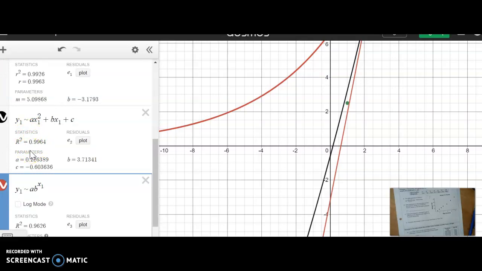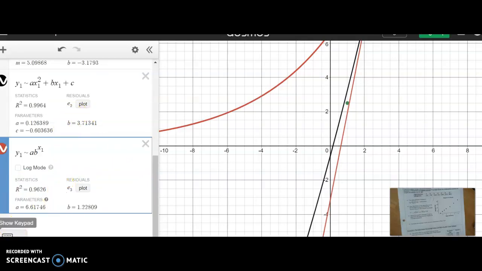So I am going to use the coefficients, and I'm going to round them to the hundredths. So this would be 0.12x squared plus 3.7x minus 0.6.